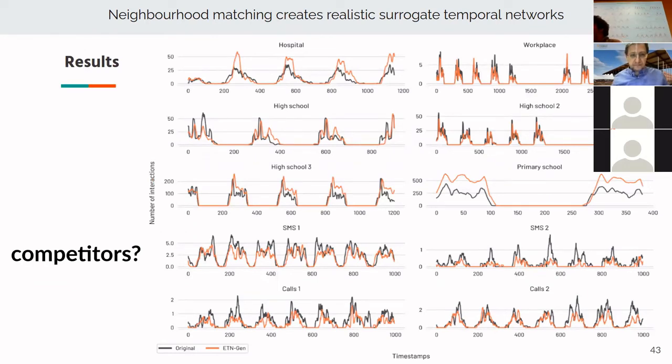Well, there are two key points here. The number of snapshots is really large. For instance, we have 1,200 time steps for the hospital. And in fact, the decision of the number K, so how many time steps are taken into consideration, is an important parameter of the method.